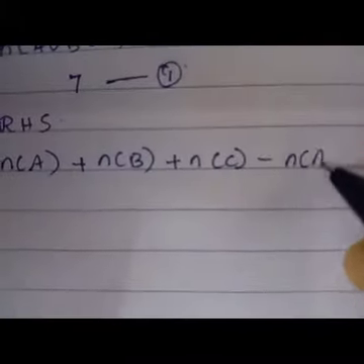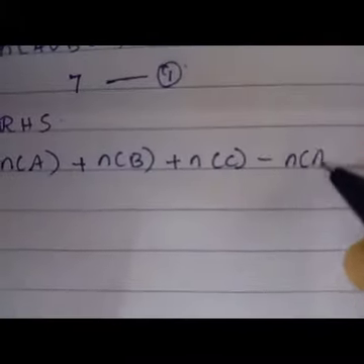So substitute the values. n of A is 5, so write down 5. Then n of B is 4. Then n of C is again 4.